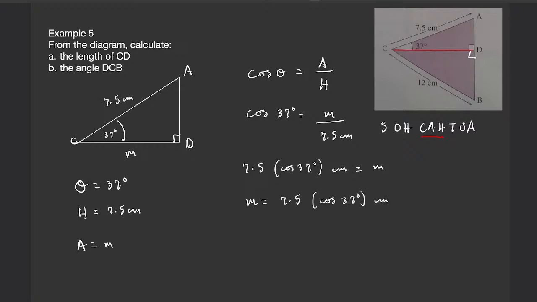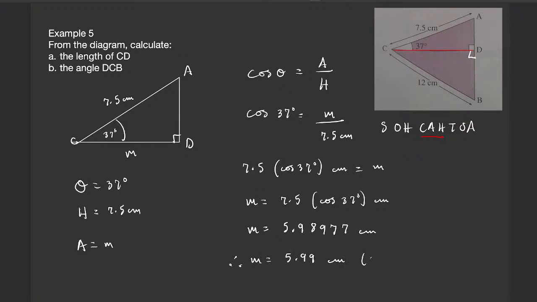I pull up my calculator. 7.5 times cos 37 degrees and I get M is equal to 5.98977, and that's in centimeters.